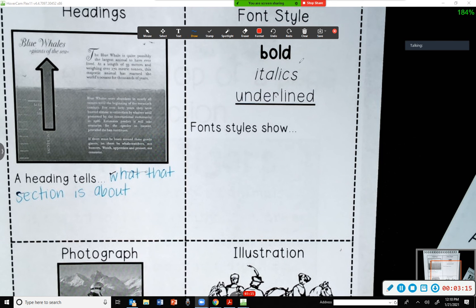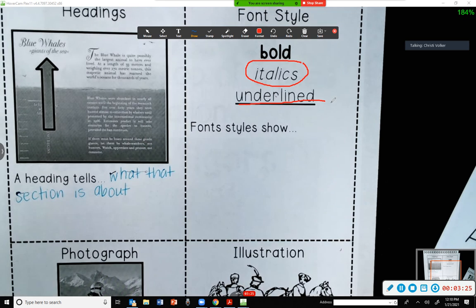There we go. So here's italics. Notice how it's kind of slanted. Y'all see that? And then underlined obviously means the words are underlined. Okay, so let's see if we can find an example of that in the book we read this week.